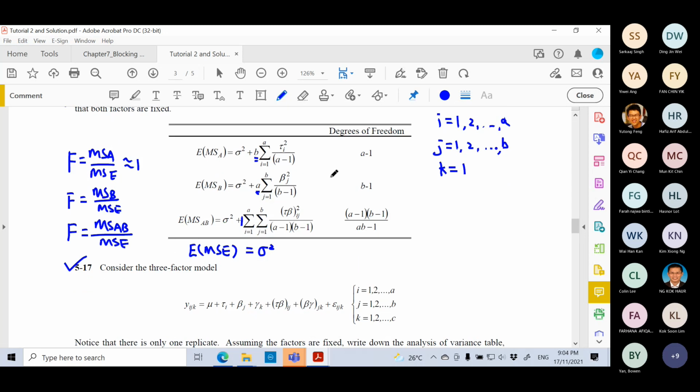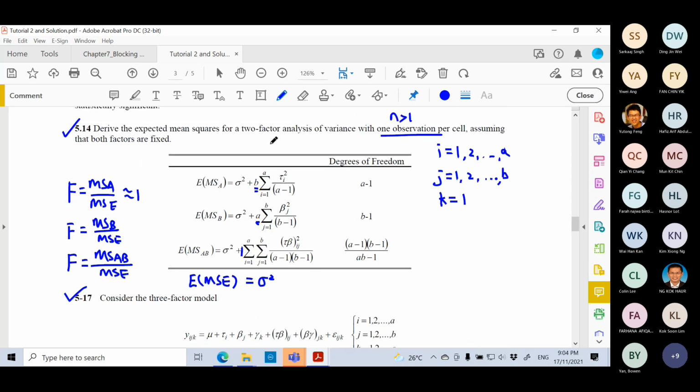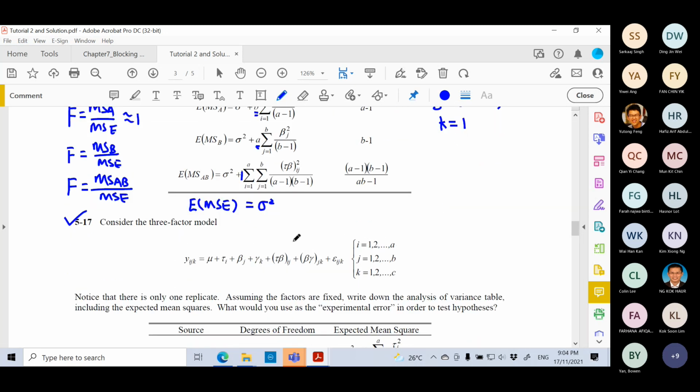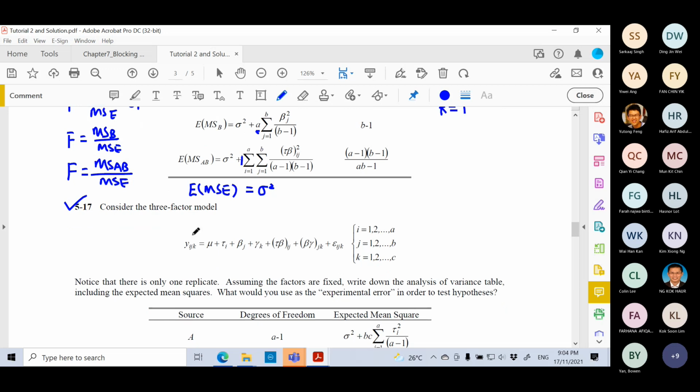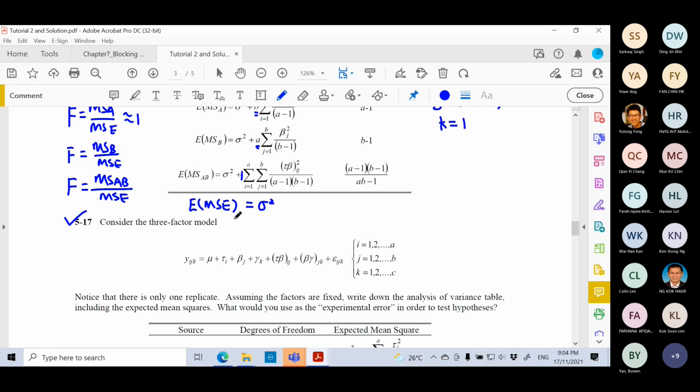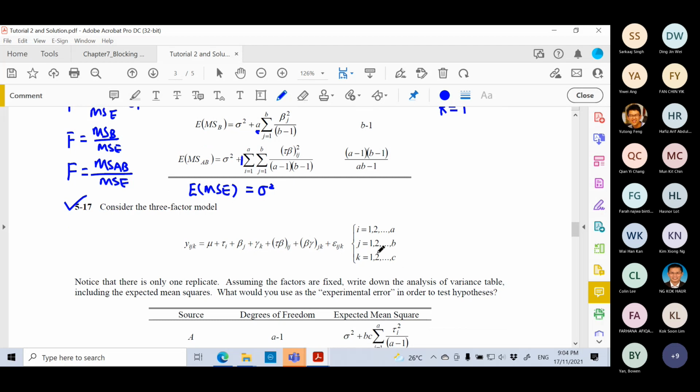Okay, and then from the 2 factors, you go to the 3 factors. Your 3 factors here do not have a complete set. Under these 3 factors, we have I here, J here, K here. So that means you also have a single replicate.